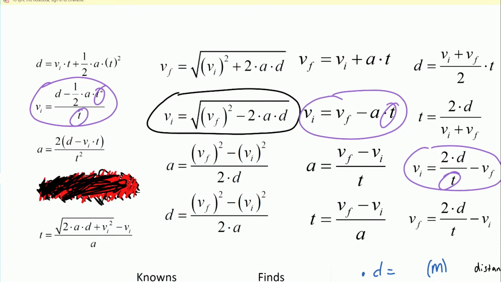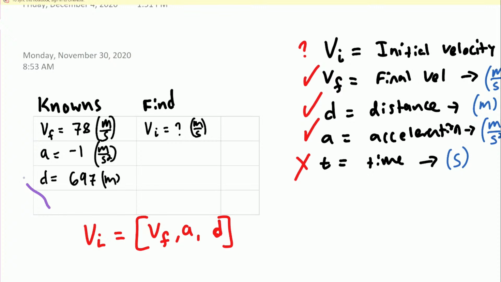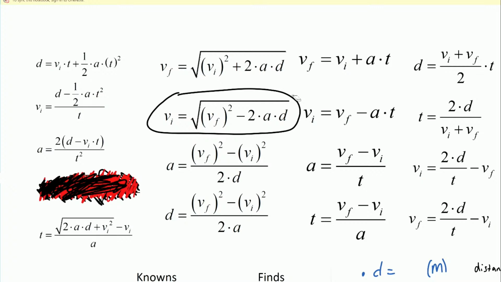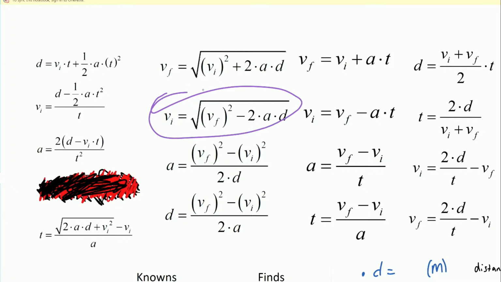Does that make sense? Because I don't have a number for time. So you understand that this is the right equation to use?